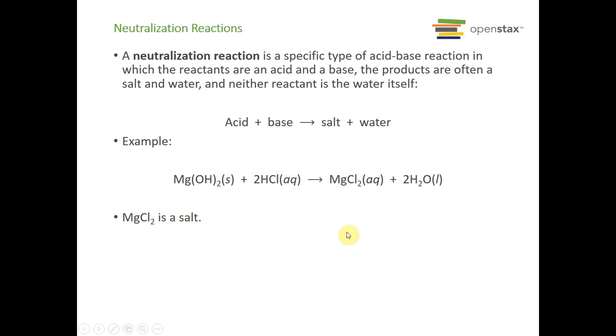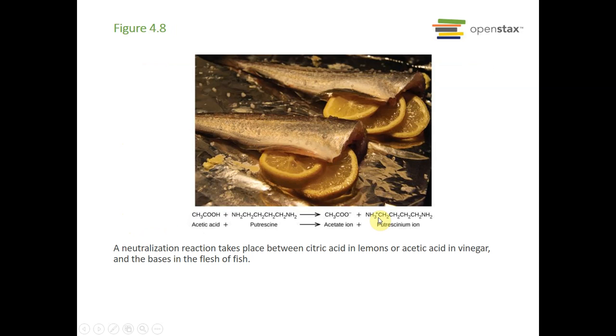Magnesium chloride is a salt. So it just says that it's common practice to put lemon on fish because it takes away some of the fishy smell, which tends to be an alkaline material. So you use acid to convert the alkaline material into a salt.